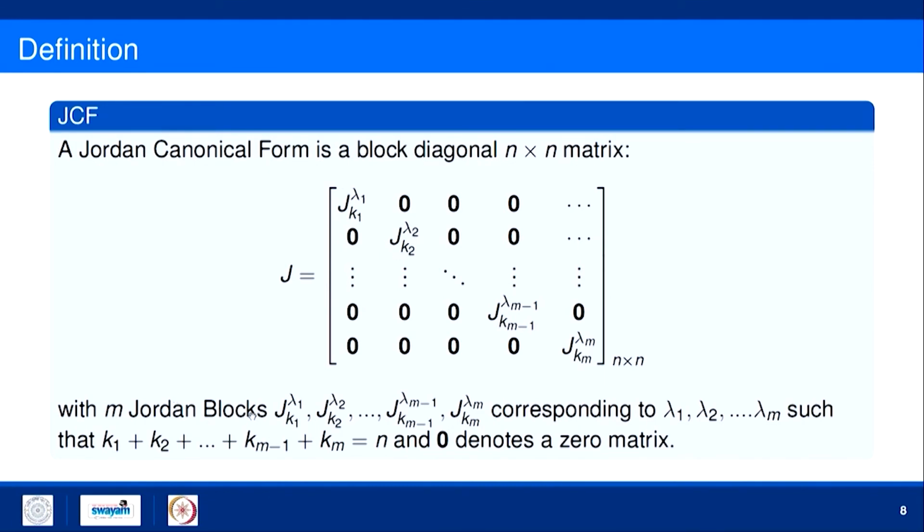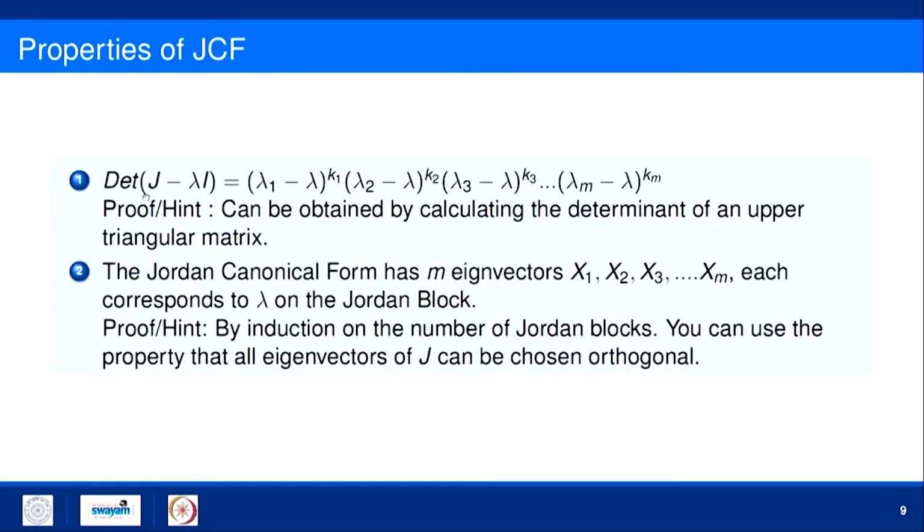With m Jordan blocks, as I told you, corresponding to eigenvalues lambda 1, lambda 2, up to lambda m, such that k1 plus k2 up to km equals n, that is the size of the matrix, and 0 denotes a zero matrix. If you have a Jordan canonical form J, then the determinant of this matrix is given by (lambda 1 minus lambda) raised to power k1, coming from the first Jordan block, then the second Jordan block, and so on.